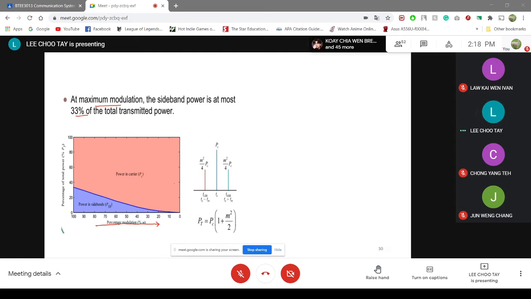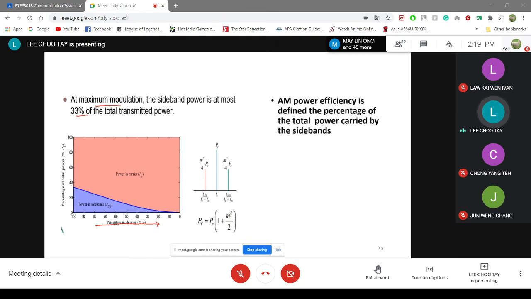All right. So here I rewrite the equation. We need to calculate the efficiency of this double sideband full carrier system. The efficiency is defined as the percentage of the total power carried by the sideband.